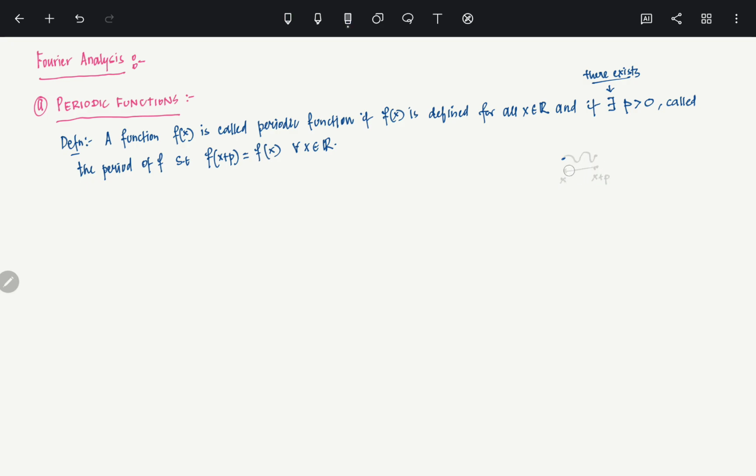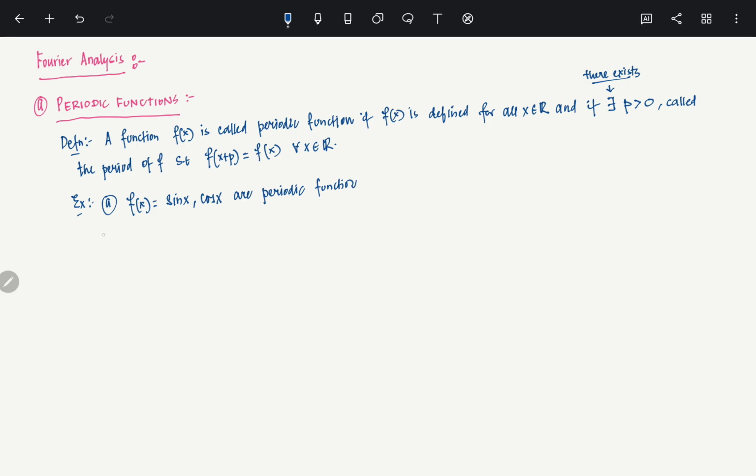So let us take up some examples of what periodic functions look like. Of course you do realize that sines and cosines are always going to be periodic. Let's say f of x equals sine x, or cosine x. What do I mean by this?